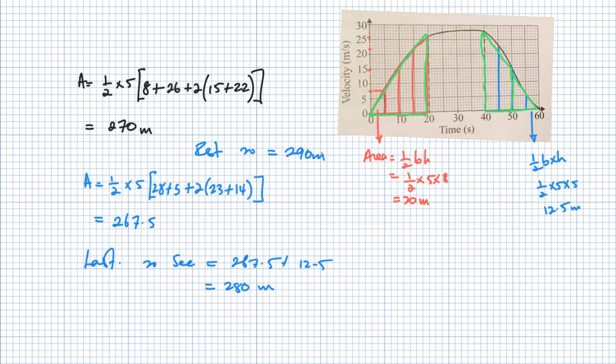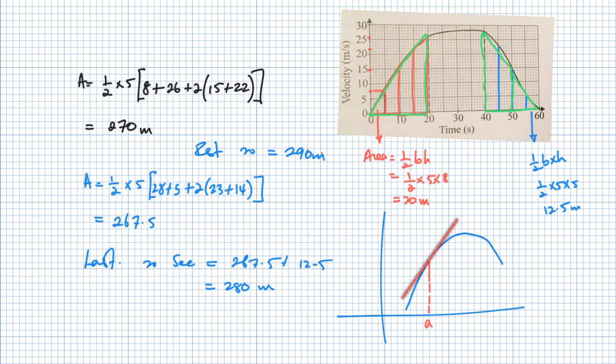In addition to that, if you're asked to find the acceleration, I think I should probably just do a different kind of graph for that. Let's just say the graph looks like that, and you're asked to find the acceleration. If that's the case, they will pretty much give you a particular point to find the acceleration. So let's just say we're finding the acceleration at point A. You literally need to just draw a tangent at that point. So I'm just going to draw a quick tangent there.